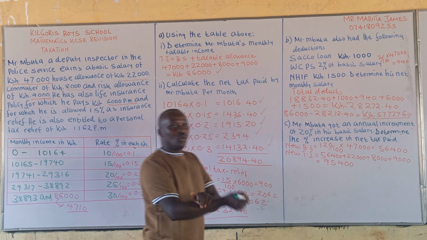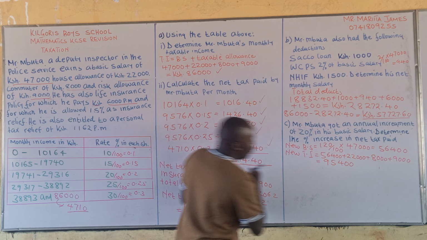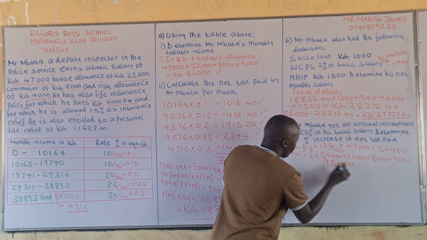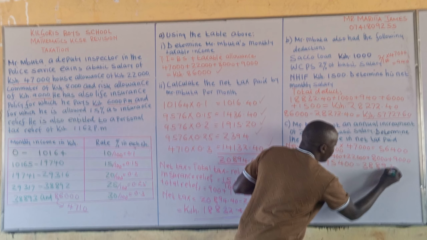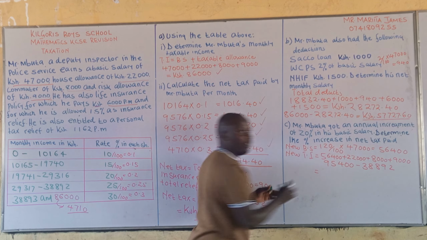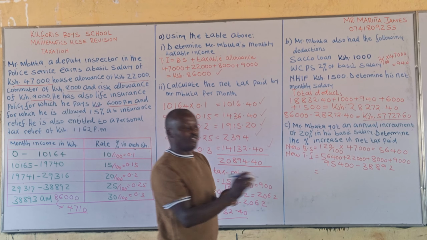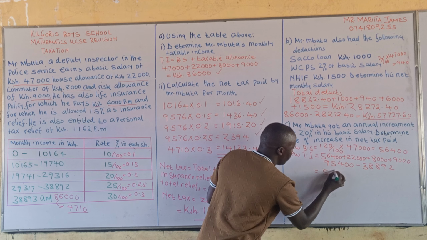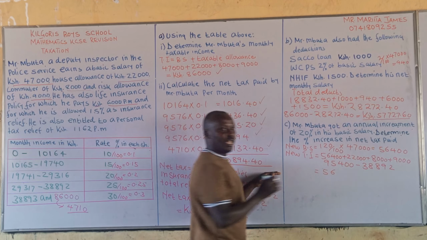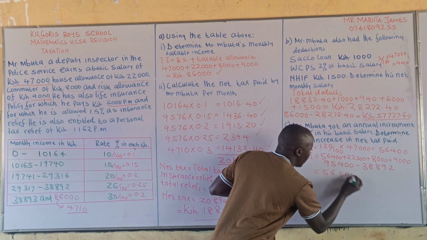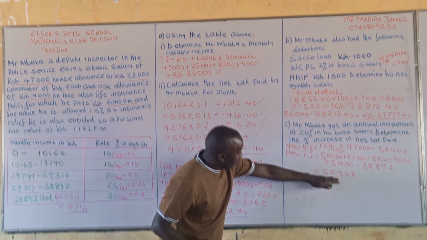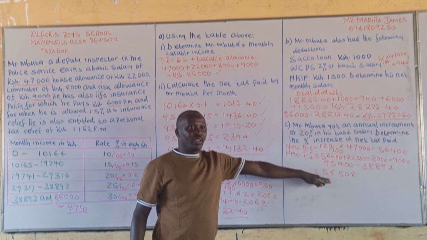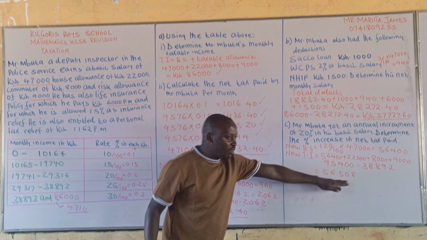So you take 95,400 and subtract 38,892, and that will give us a value equivalent to 56,508.